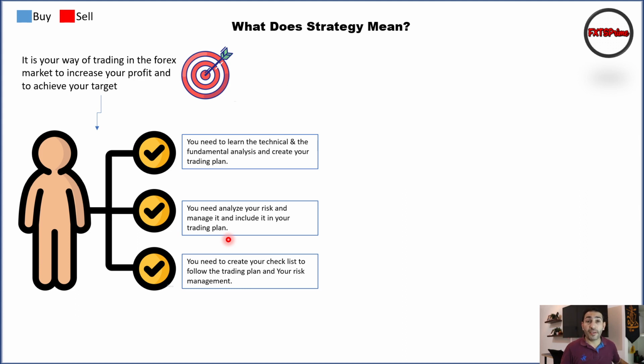The third thing you need to know is how to create a checklist, a trading plan, and your risk management plan. You create a trading plan, and within that trading plan you plug in your risk management plan plus your checklist for trading.